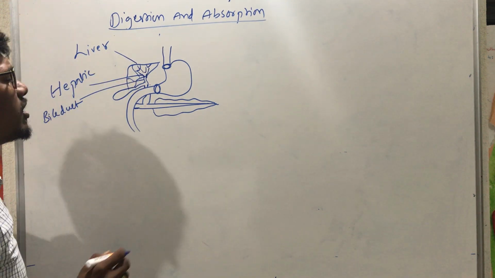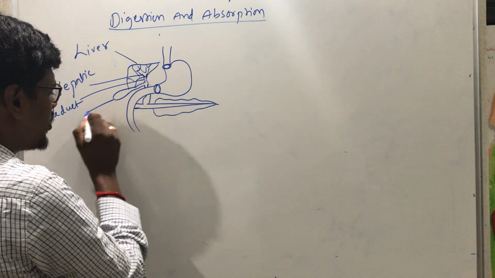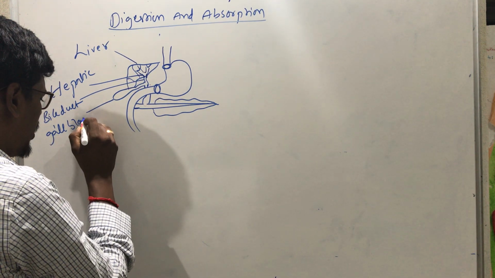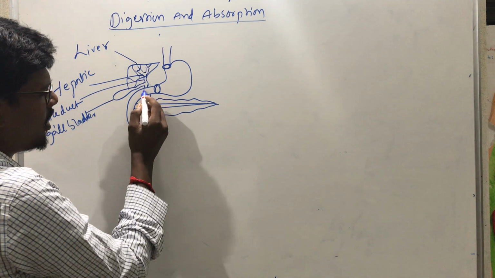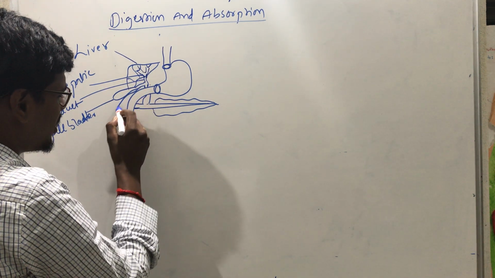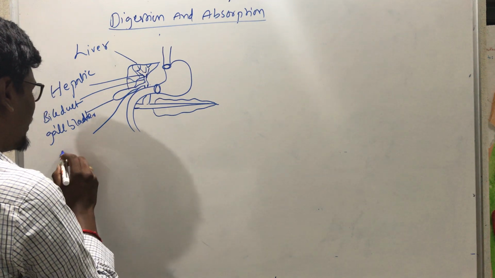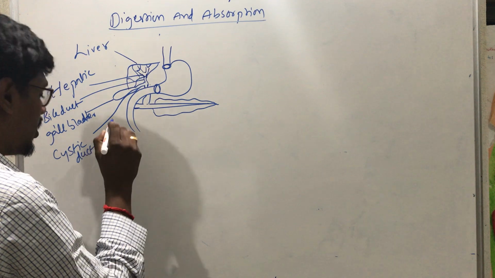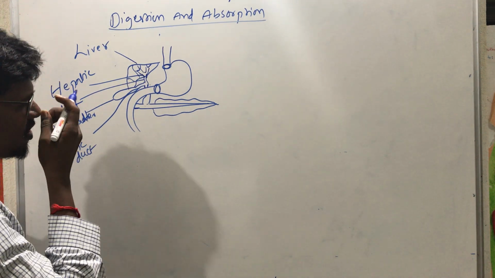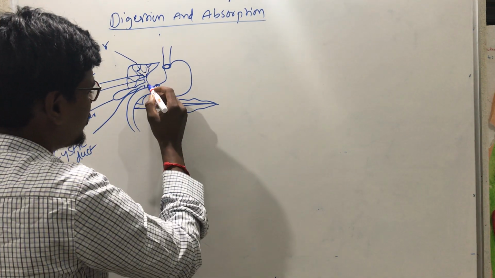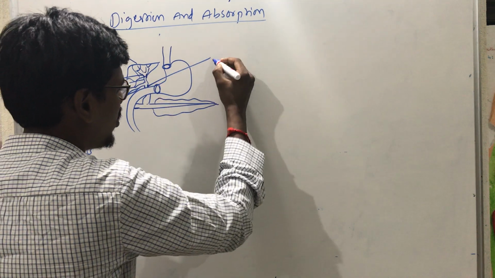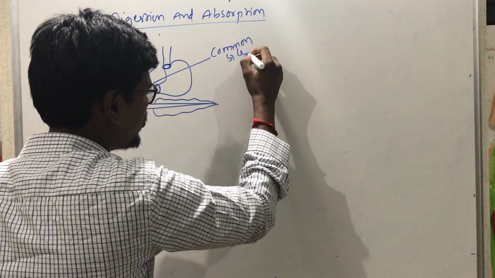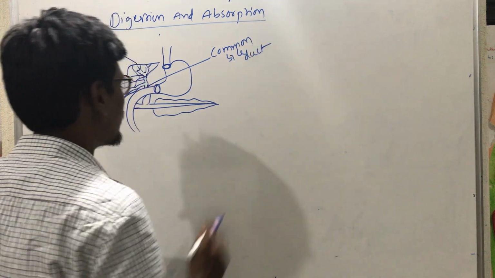Okay, this is called the gallbladder. This duct is called the cystic duct. And this duct is called the common bile duct.